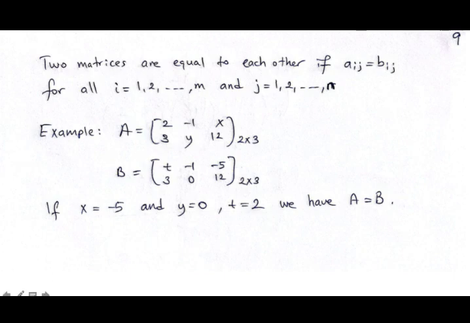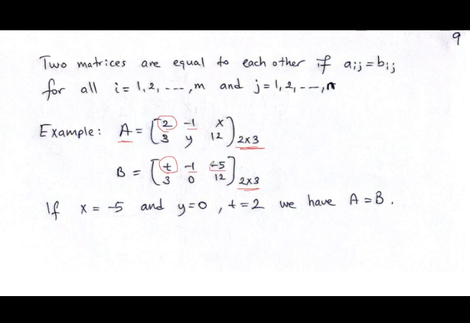Suppose we are given matrix A. So we have a 2 by 3 matrix A, and then we are given another matrix B, which is also 2 by 3. We have some unknown parameters here. If these two matrices are equal to each other, we can easily identify these parameters. For example, this will correspond to the value t, and then we have minus 1, which must be the case because these two matrices are equal, so element-wise they must match.